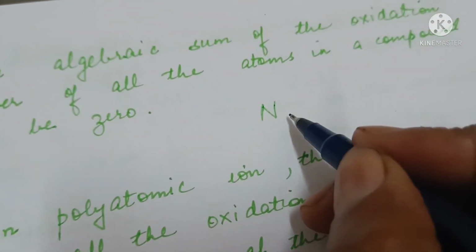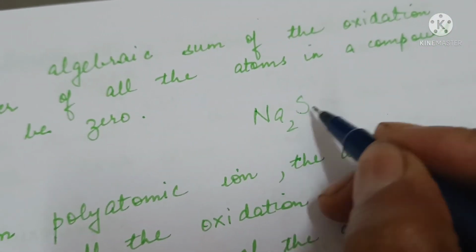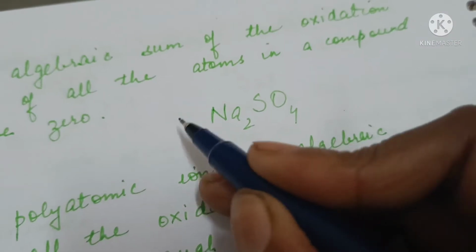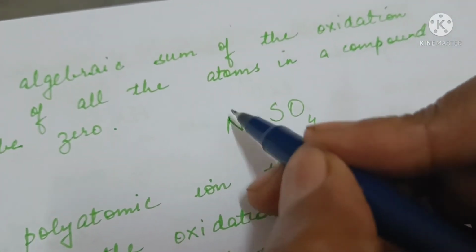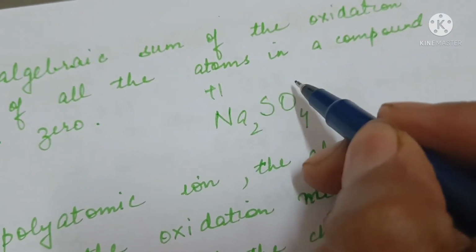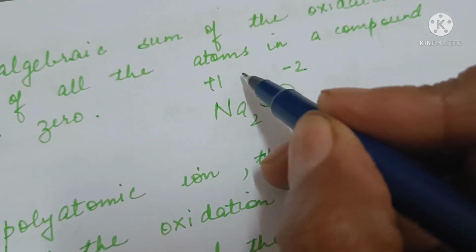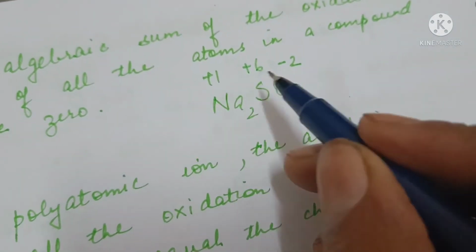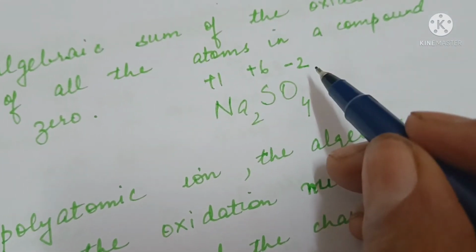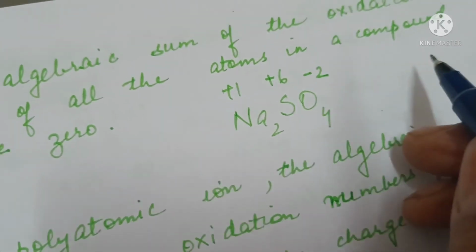For example, if the compound is Na2SO4, it's a neutral compound, so sodium will always have +1, oxygen will always have -2, and sulfur in this case has +6. So when we add all these up, the net result is 0.